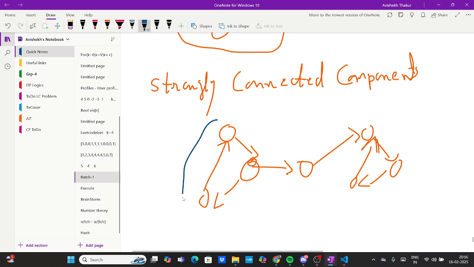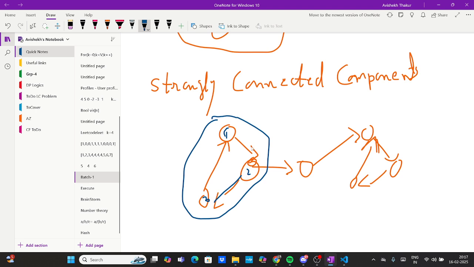So this is one strongly connected component, because if you start from any node you are able to reach any other node in this. Let's say you started from this node, can I reach here? Yes. Can I reach here? Yes. If I start from 1, can I reach 2? Yes. Can I reach 3? Yes.